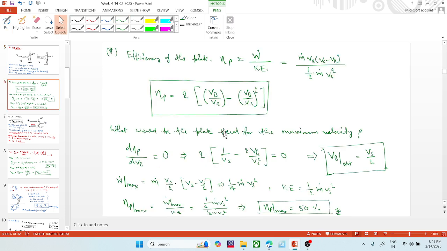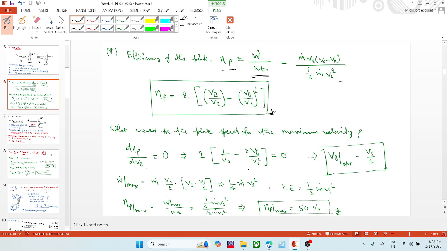Then we determined the plate efficiency, eta p, as the work done divided by the kinetic energy of the jet, and the expression for the plate efficiency is this. To calculate the maximum value of this plate efficiency, we determine the optimum value of the plate speed Vb by differentiating eta p with respect to Vb and putting it to 0.